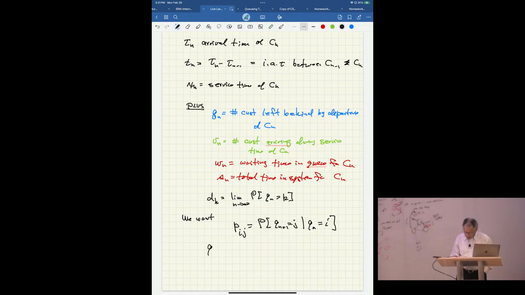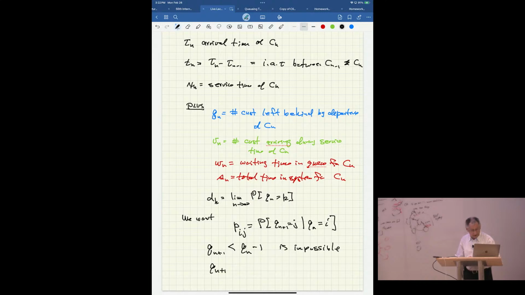Now note that Qn plus 1 less than Qn minus 1 is impossible. You can't leave behind more than one less than the previous guy did. He left behind a certain number. You go in, yes. I said less than Qn minus 1, not more than. Yes, it can be much more. You're quite right. Good point. You're thinking. That's good. Okay. So I'll write down what you just said.